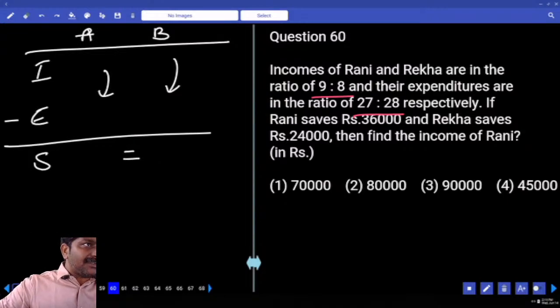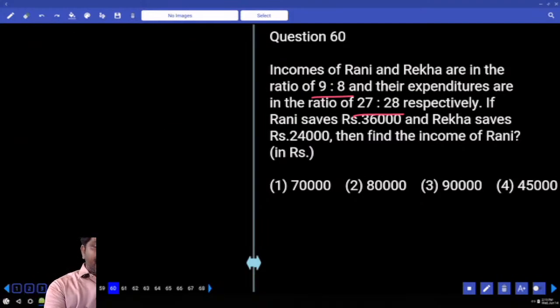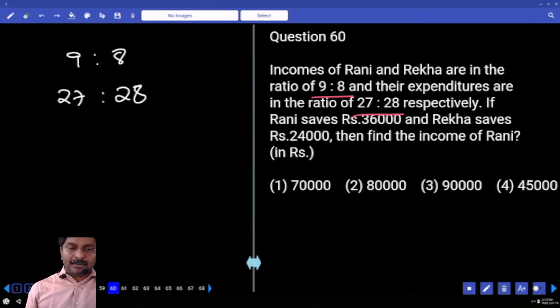Do you know the process? First ratio, how much is that? Second ratio, 27:28, right? So now the values' difference, see how many parts difference we have.